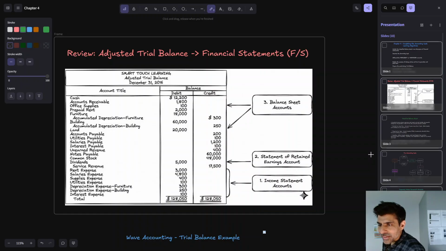Now I got my seating chart here. So what about Wyatt? What do you think? What happened between the unadjusted trial balance and then the adjusted trial balance? What do we do that changed the balances? Sorry, what?